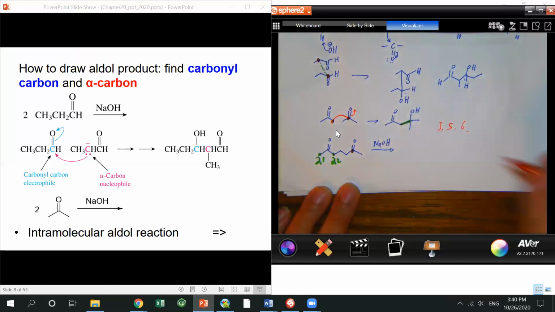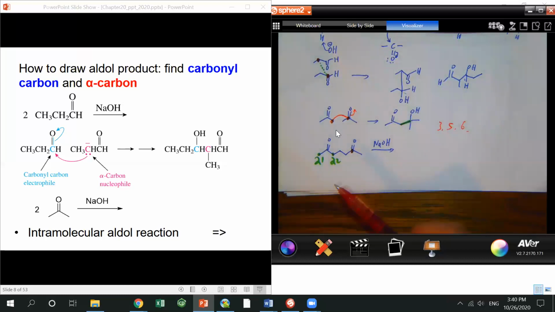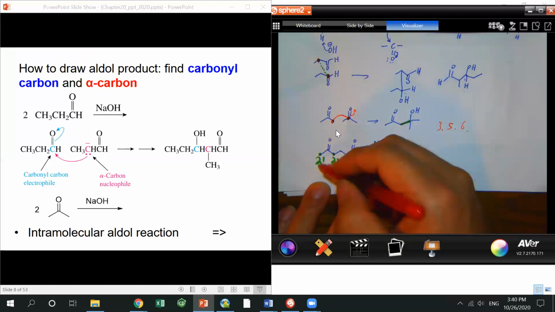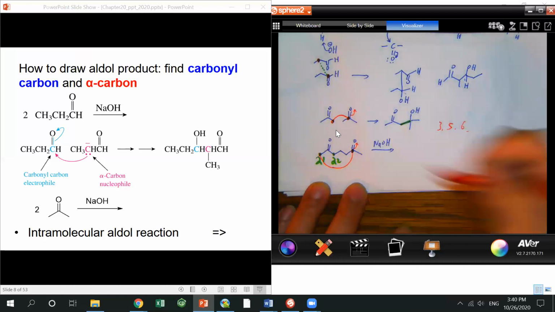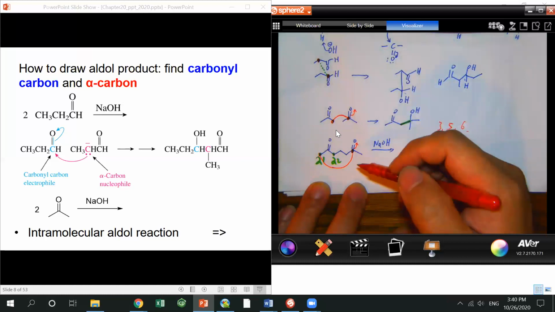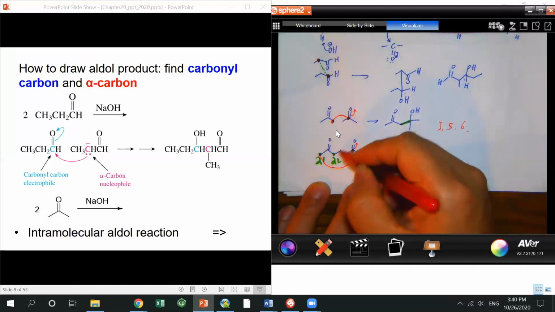So if alpha 1 attacks here, for the intramolecular reaction, it's not hard. You can draw an ugly version. You build a bond between these two, and this is open. So alpha 1 attacking here generally gives a 6-membered ring: 1, 2, 3, 4, 5, 6.